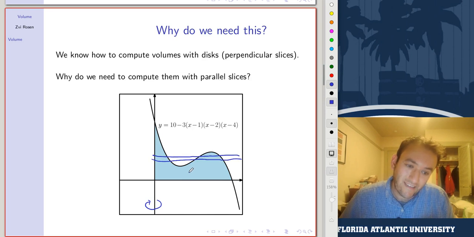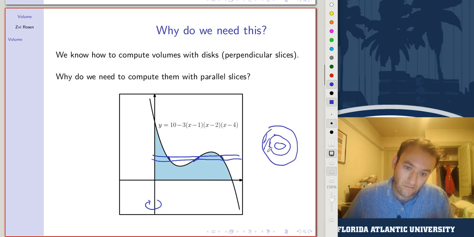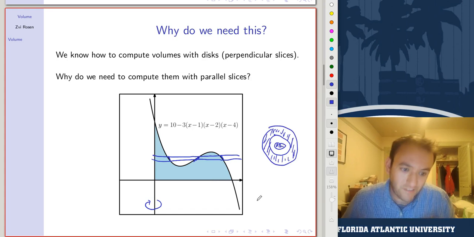Looking at this slice, first of all, it's not a solid washer. We're going to have these two non-contiguous regions. So it'll come out looking like a disk inside of a washer, and that's not very nice to look at. It's like that target symbol.